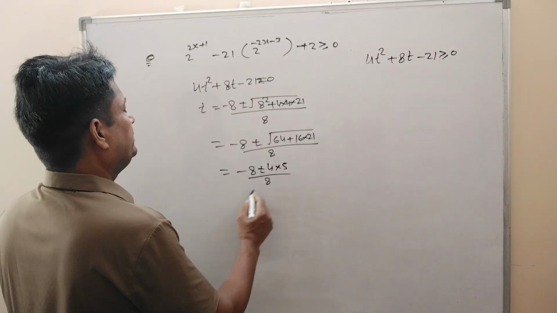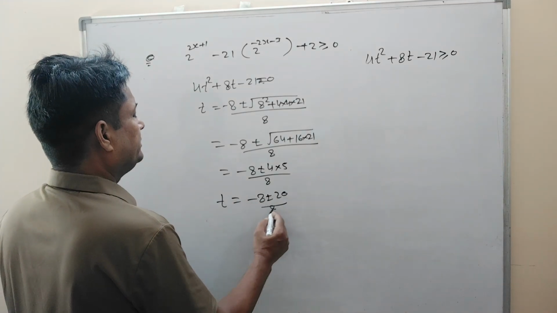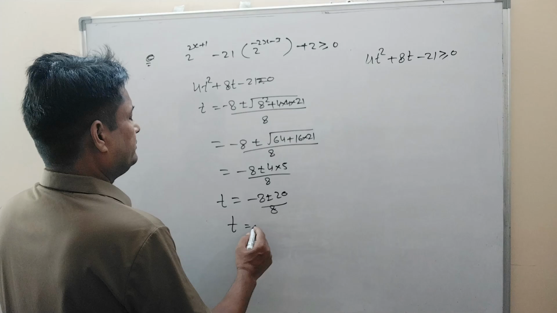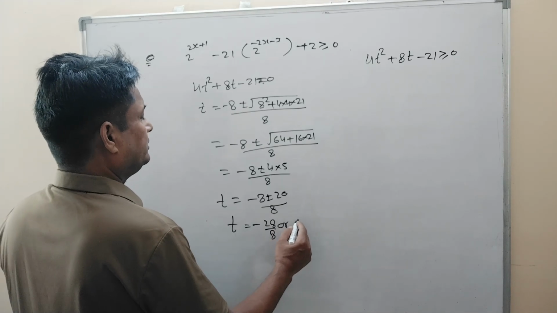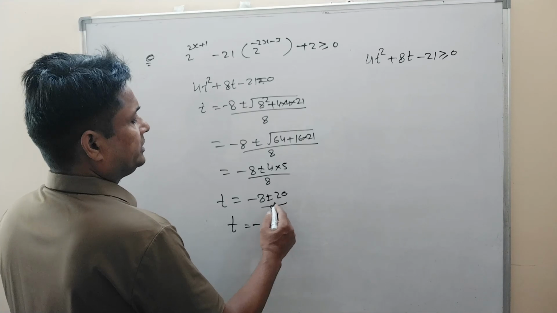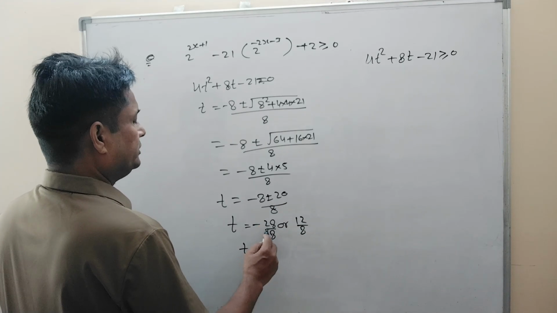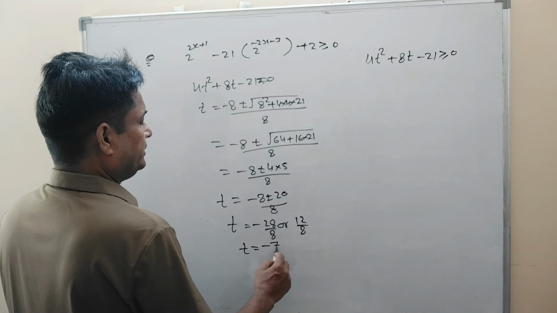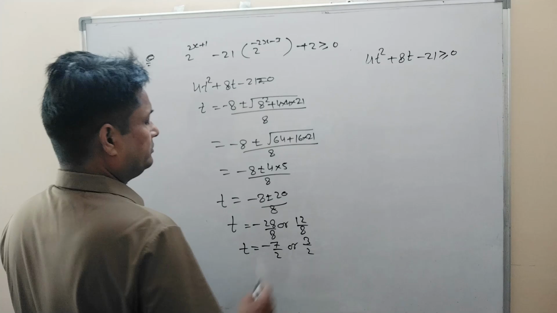So divide by 8: minus 8 plus or minus 20 divided by 8. So t will be equal to minus 28 divided by 8, or if you take the plus sign, then it will be 12 by 8. So t will be 7 by 2 negative, or this will be 3 by 2.